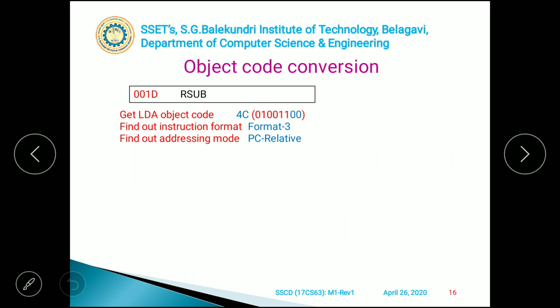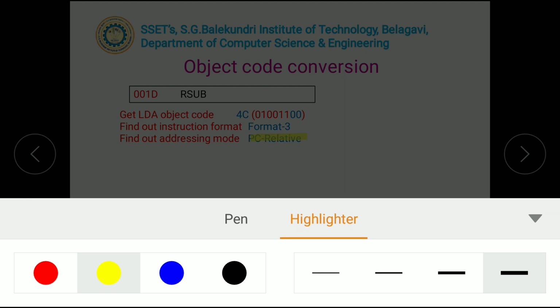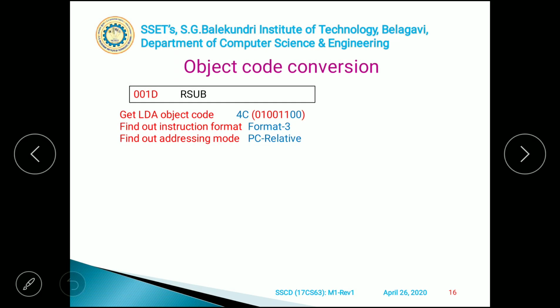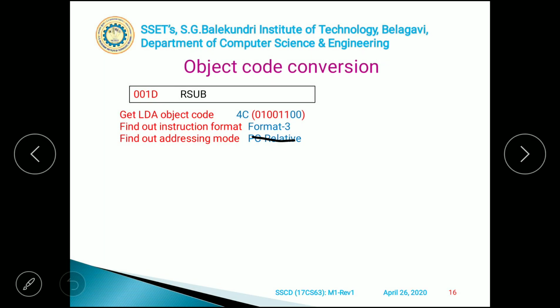Okay, so now finally RSUB is there. This is again a format 3, but you should not call it PC relative or something like that.